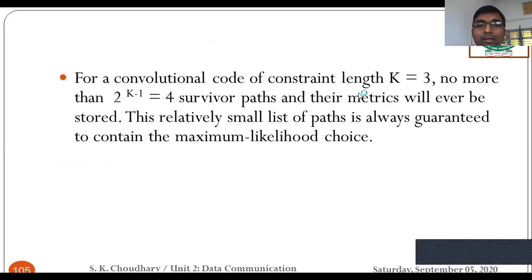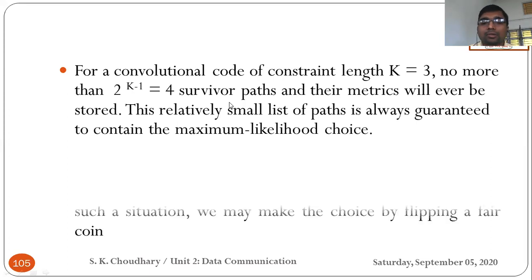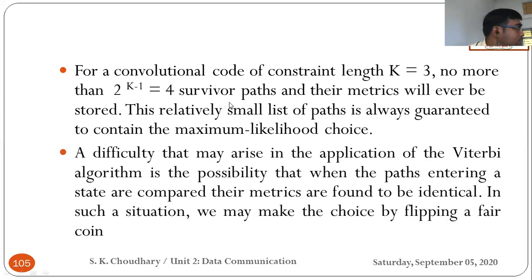For our example, we are dealing with a convolutional code of constraint length k equal to 3. So the number of possible survivor paths is only 4, that is 2 to the power k minus 1, and their metrics are stored, and this relatively small list of paths is always guaranteed to contain the maximum likelihood choice.